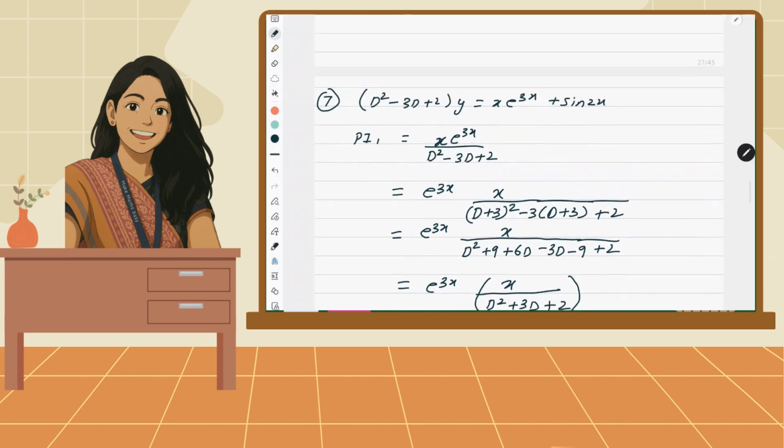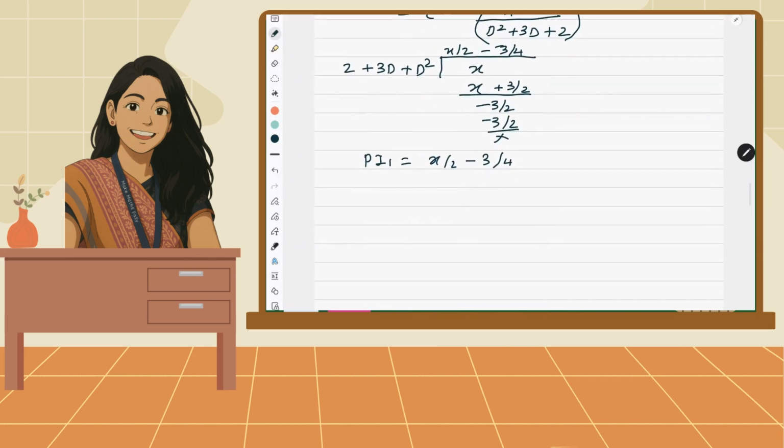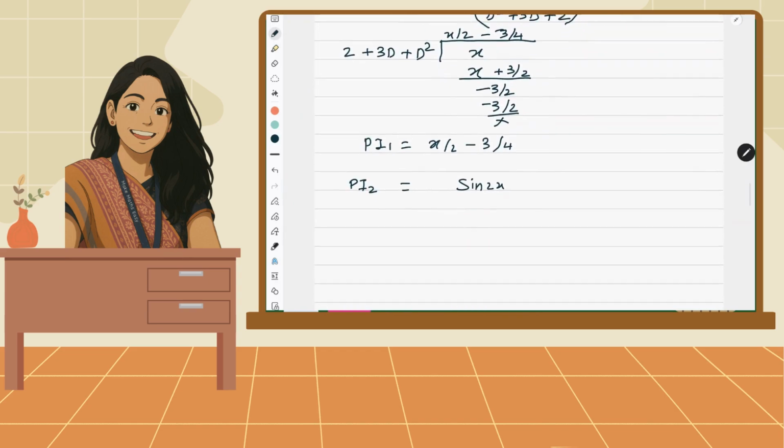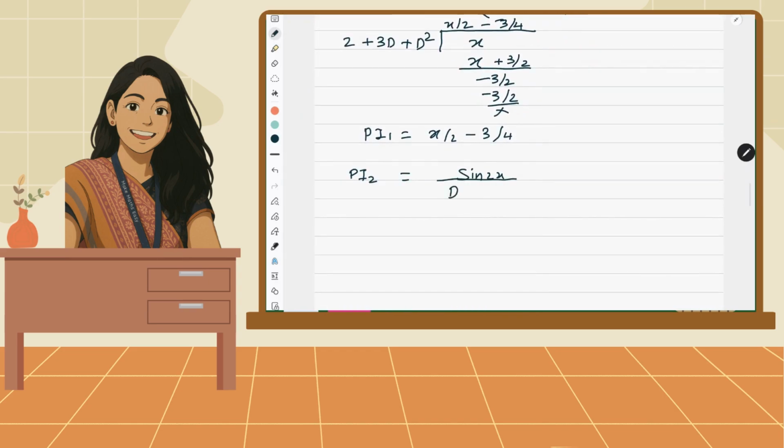Now let's go for pi2. It is sine 2x. So pi2 is equal to sine 2x, and it is without exponential, right? Without exponential, so I can directly solve it. D square minus 3D plus 4. This is case 2. We have done this type of question n number of times.